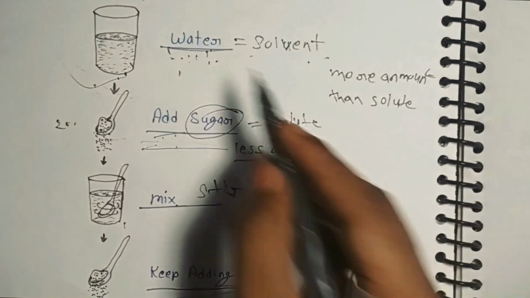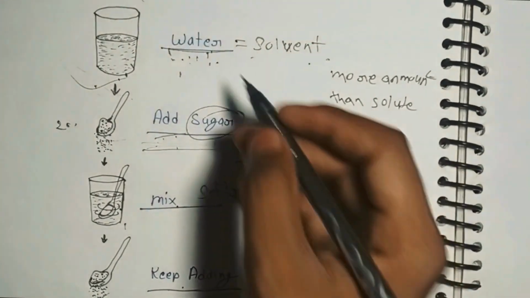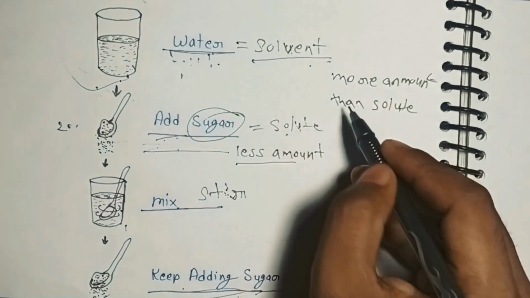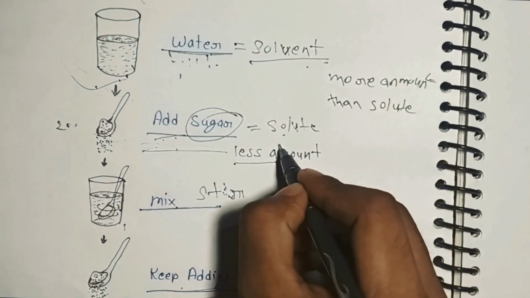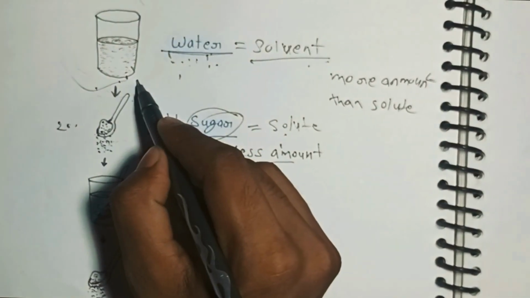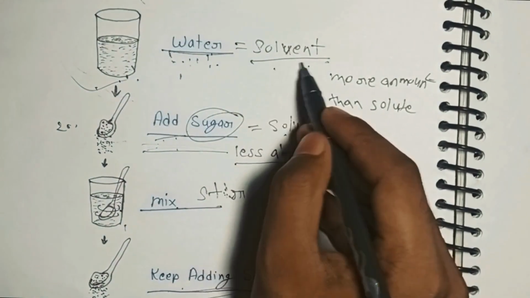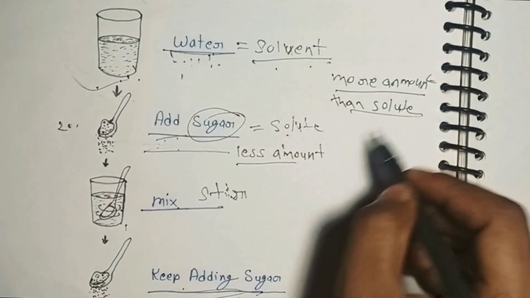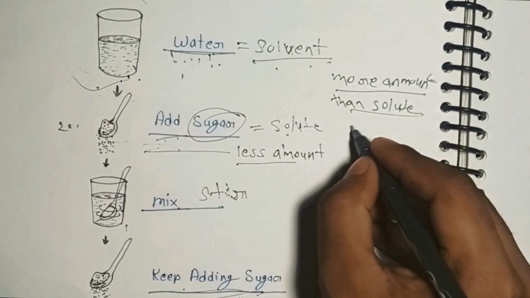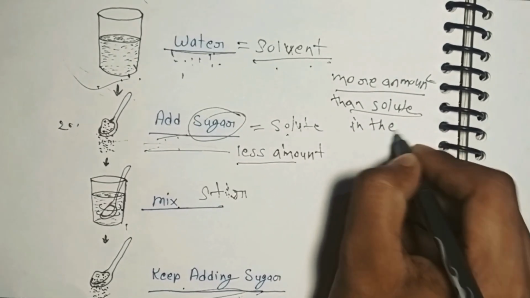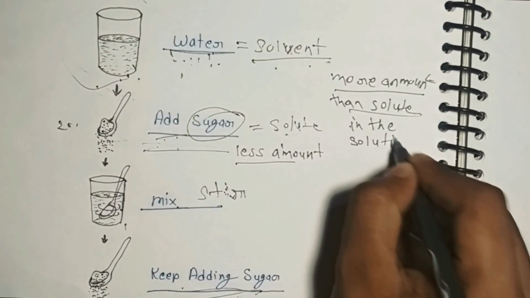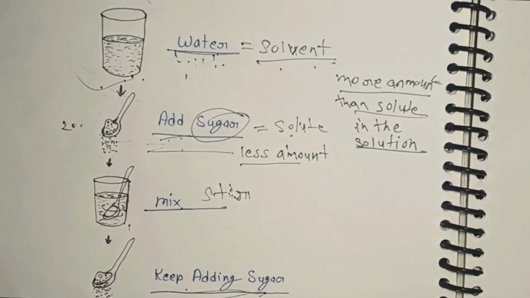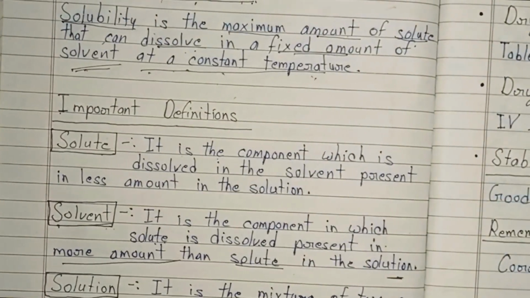Okay, so water is the solvent here, and the solute gets dissolved in a solvent, and the solvent is usually in more amount than the solute in the solution.